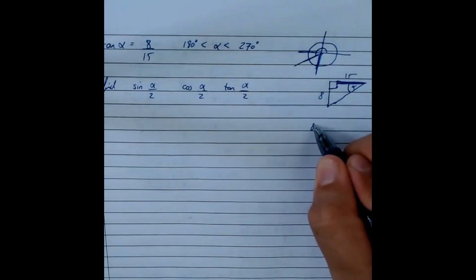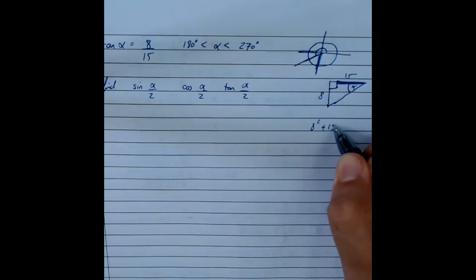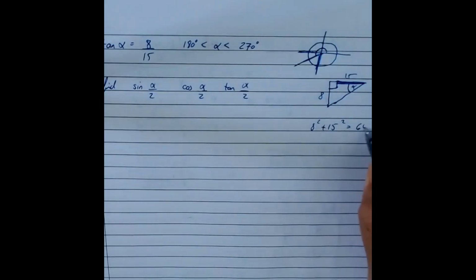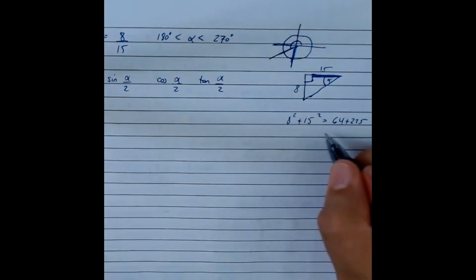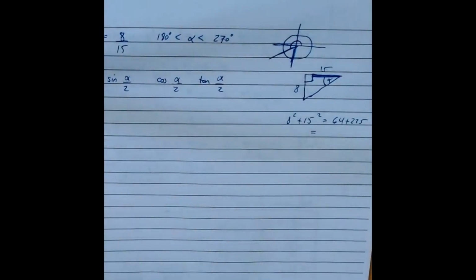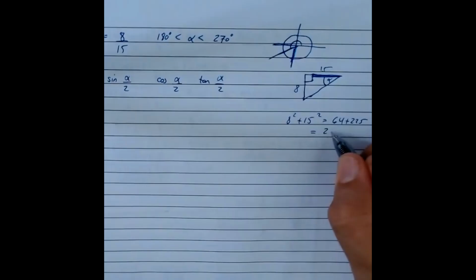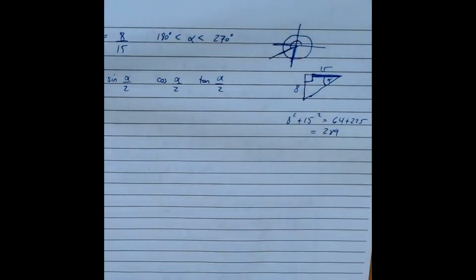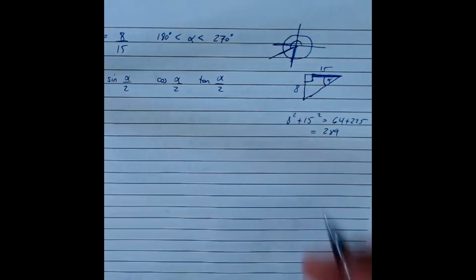I'm going to have a squared plus b squared. That's 64 plus, let's see, 15 squared is 225. Yeah. And then if I add 64 plus 225, I end up with 289. Like that. Oh, but 289 is a perfect square.